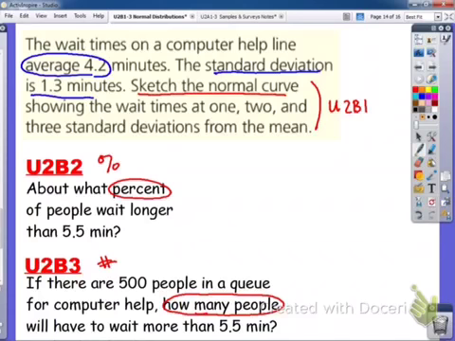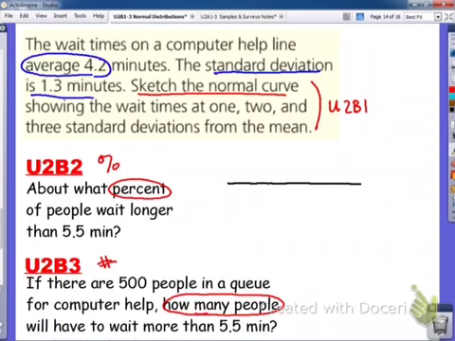Okay, so I'm going to go ahead and draw the normal curve. We're going to label the mean right here in the middle.